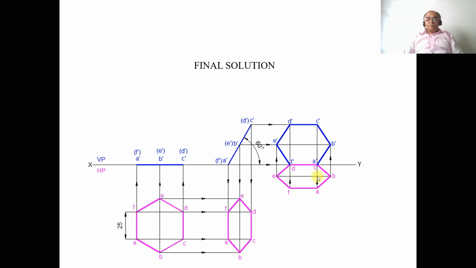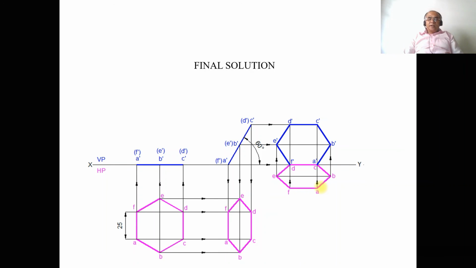So you transfer from this to here on this side, and similarly from this point you cut it on this side. Then you mark this point as B and E. Then join A to B, B to C, C to D, D to E, E to F, and F to A with a dotted line.